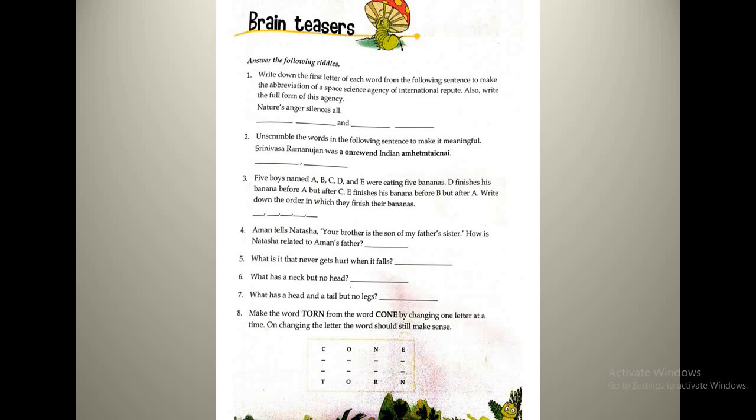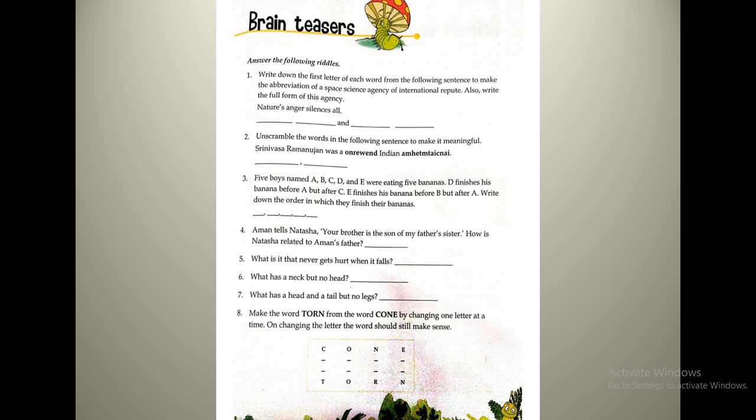Here are some riddles given which you have to solve. Write down the first letter of each word from the following sentence to make the abbreviation of a space science agency of international repute. Also write the full form of this agency. Nature's anger, silence, all.